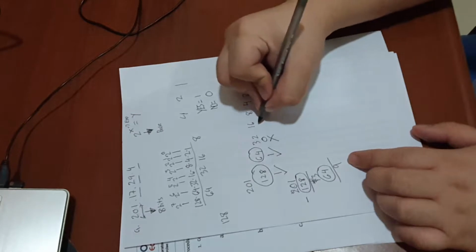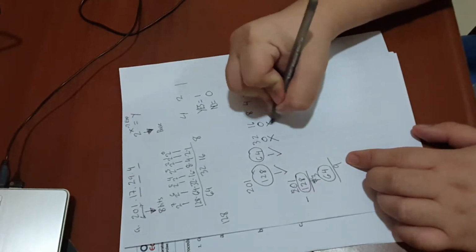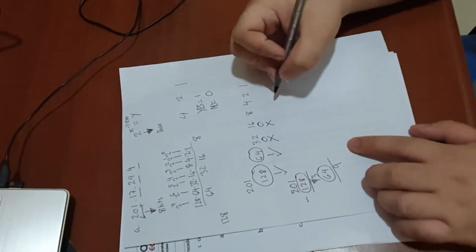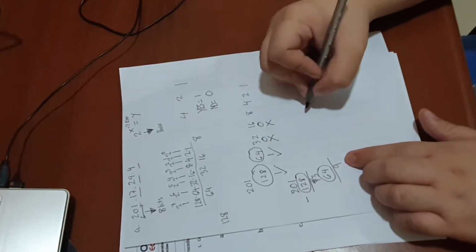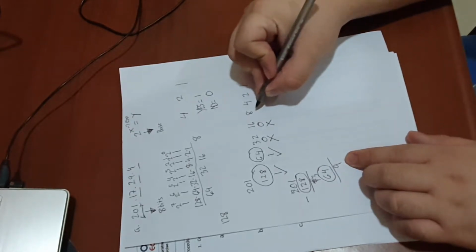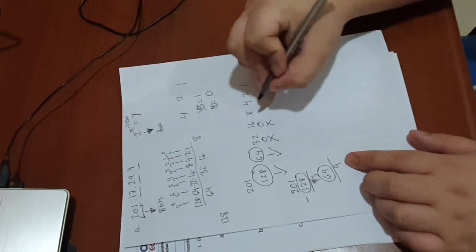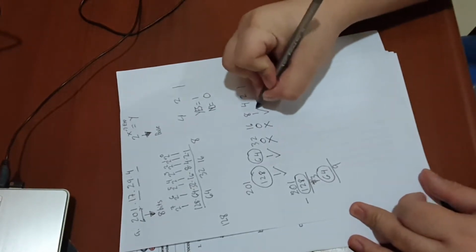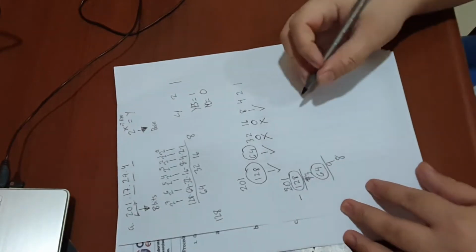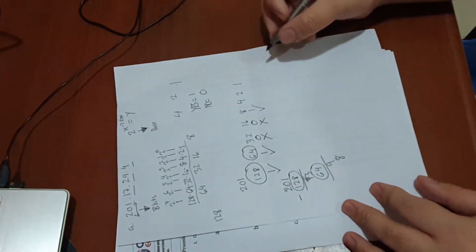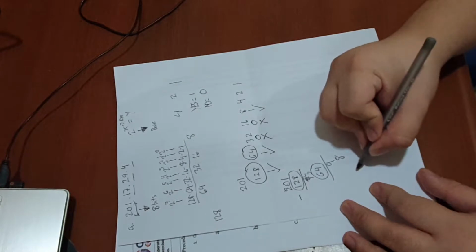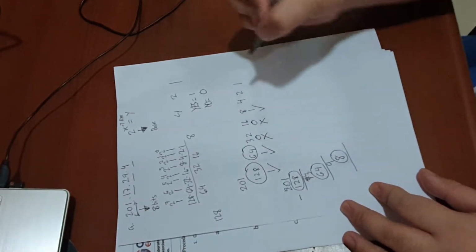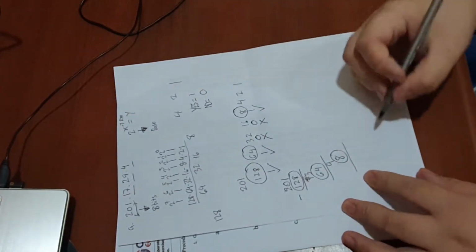No, because 16 is higher, so X. Next, is 9 higher than 8? Yes, because 9 is higher than 8, so I'm gonna write this here, and then circle 8.